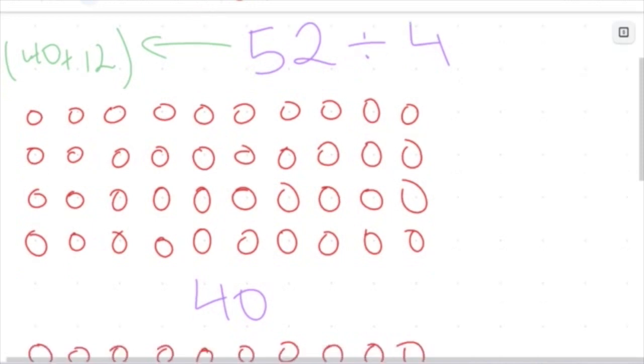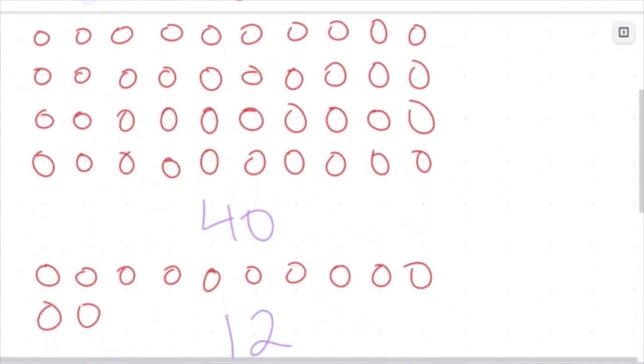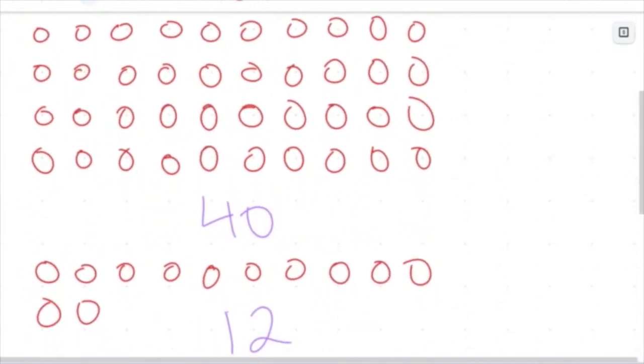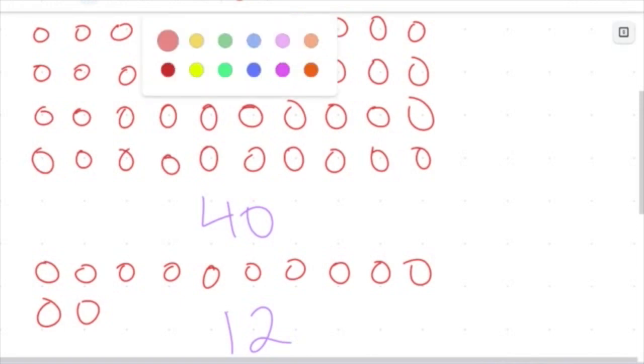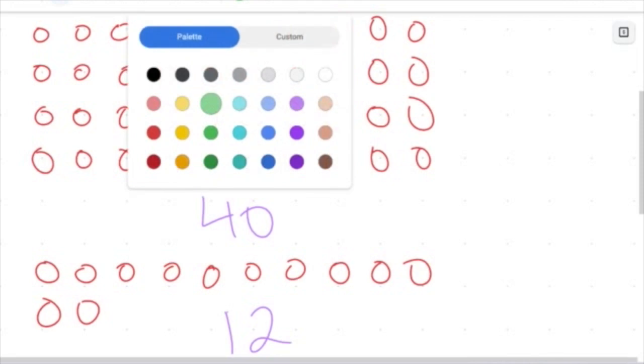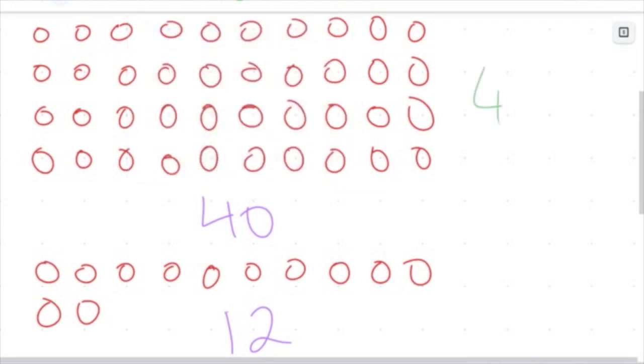So now that I have these things here, I can think about dividing these separately. What I'm doing on this first one is looking at 40 divided by 4. If I split up my 40 into 4 equal bits, how many do I have in each one?